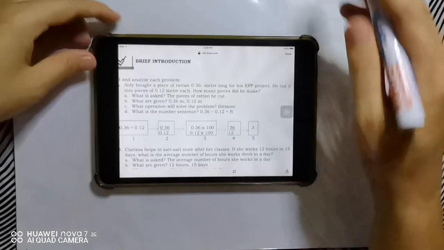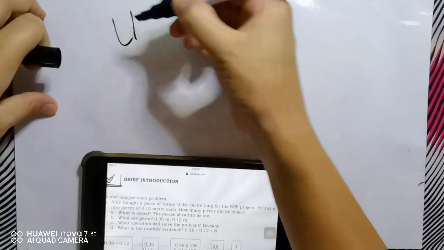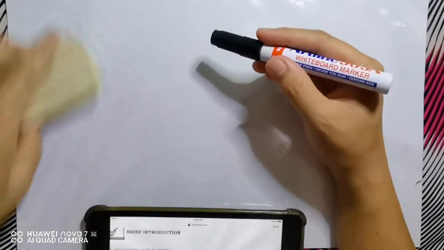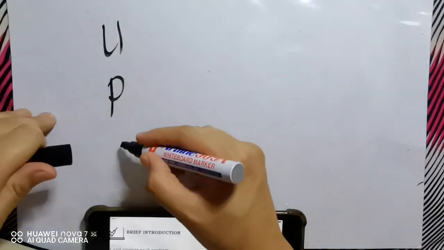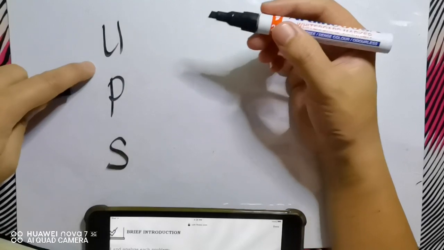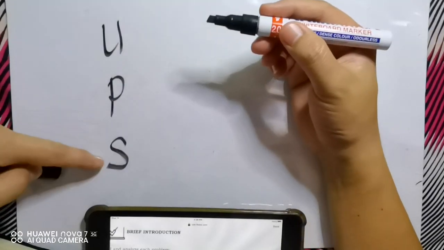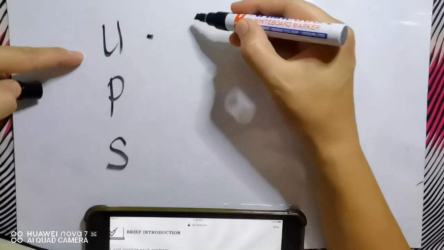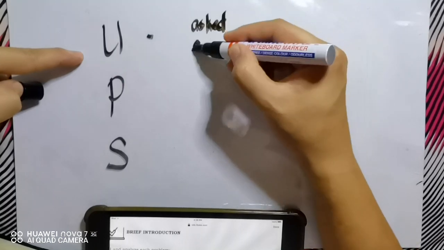Okay, so katulad din ng mga previous na lessons about problem solving, ginagamit natin dyan yung UPS. So that is U, P, and then S. U stands for understand, P stands for plan, and then S stands for solve. So under understand, meron tayo dyan yung ask, and then the given.